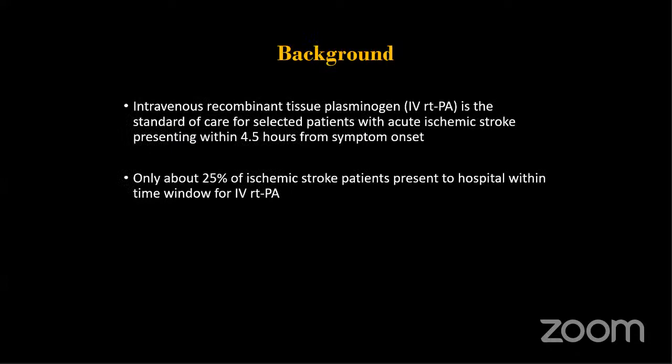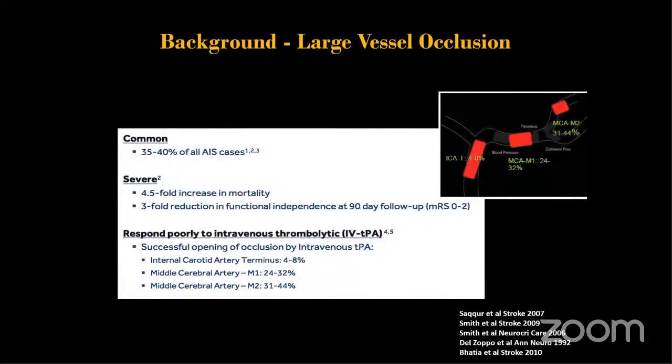Some background: intravenous recombinant tissue plasminogen activator is the standard of care for selected patients with acute ischemic stroke presenting within 4.5 hours from symptom onset. Only about 25% of ischemic stroke patients present to the hospital within the time window for IV tPA.